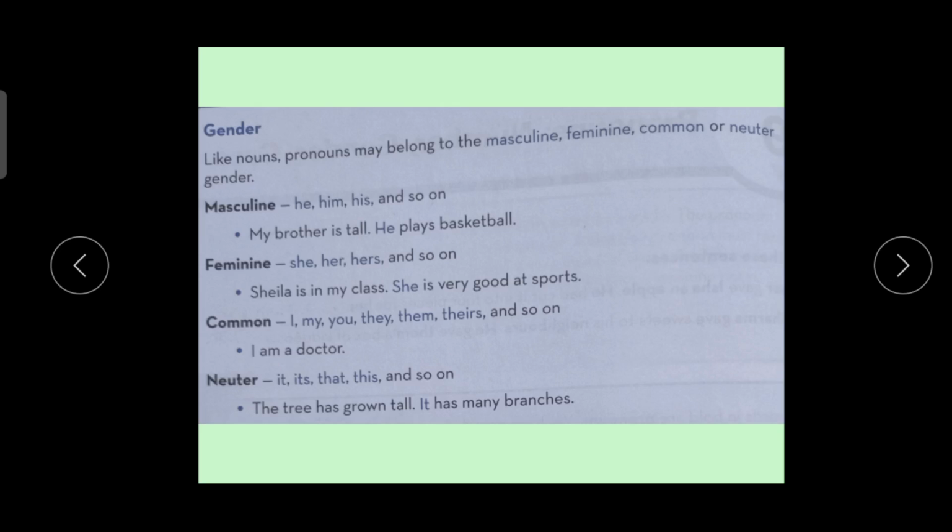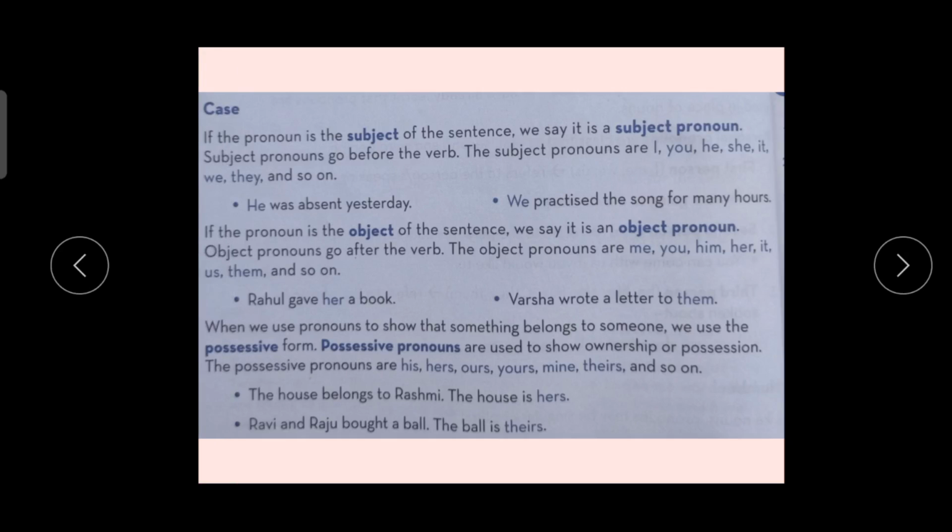Now let's move on to our next topic, that is case. If the pronoun is the subject of the sentence, we say it is a subject pronoun. Subject pronouns go before the verb. The subject pronouns are I, you, he, she, it, we, they, and so on.